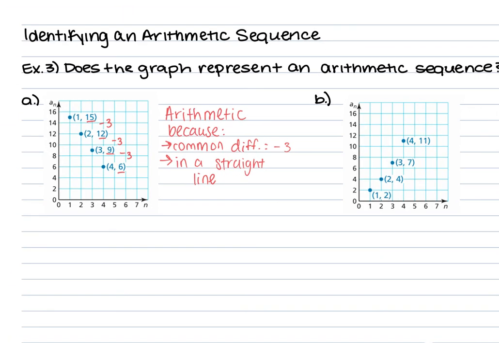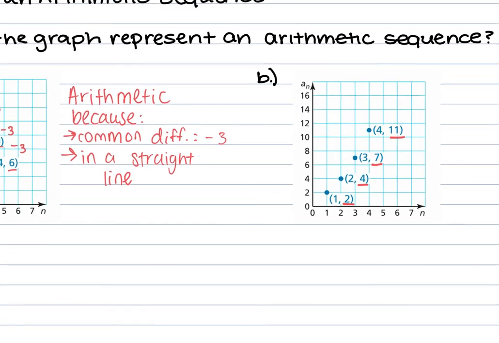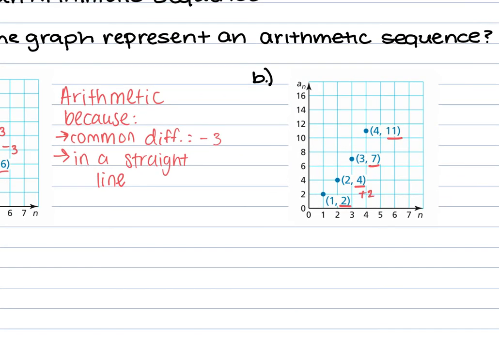In part B, do you think it's arithmetic or it's not? It's certainly not. Let's check out the difference between the y values. What's the difference between 2 and 4? So we went up 2. What about 4 and 7? Plus 3. What about 7 and 11? Is that a common difference?